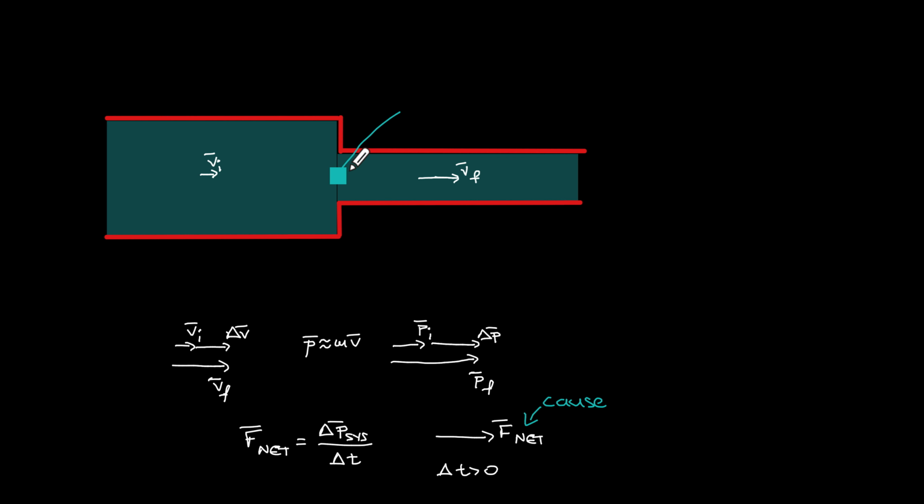So this over here, this is my system. And I have chosen it specifically to be right in between this left portion of the fluid that is moving slower and the one that is to the right that is moving faster. The net force on the system needs to be to the right.